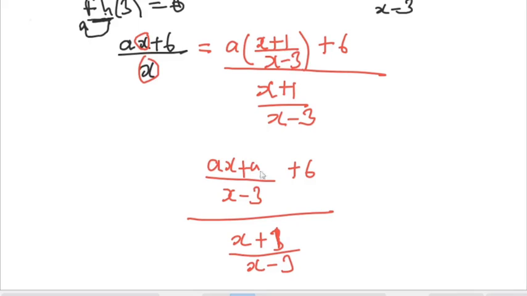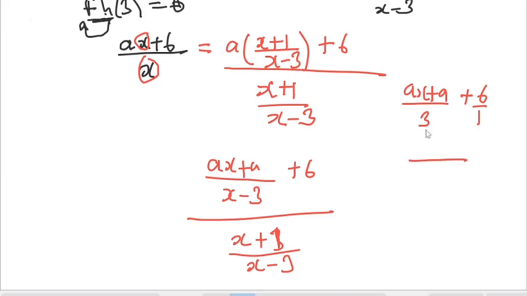So the numerator we have is ax plus a over x minus 3 plus 6, okay, so we say over 1.